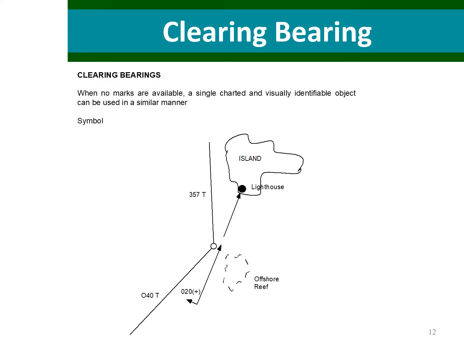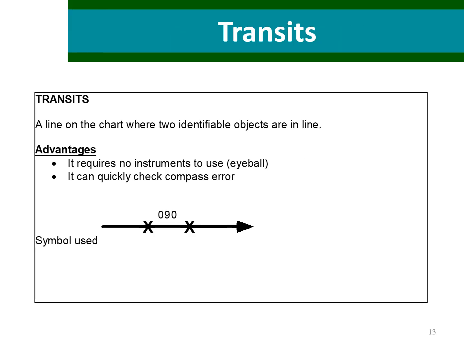And the range ring, or the range, will mean a minimum range can be maintained, which will decide the safety margin to be maintained of the vessel as a distance from the island or a similar landmark. Then you may use transit bearings, which is a line on the chart where two identifiable objects are in line.